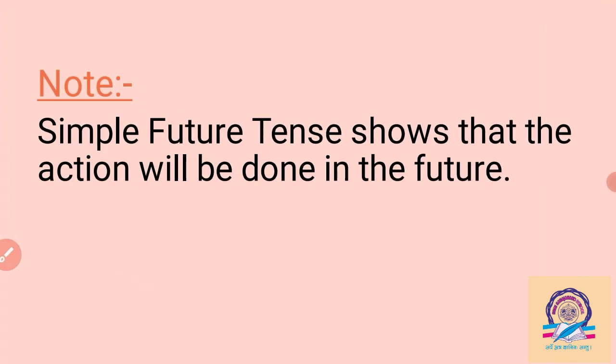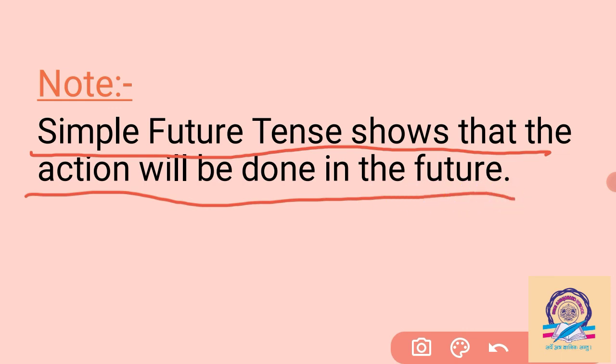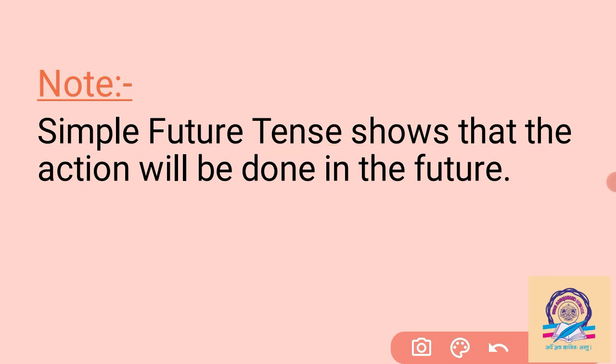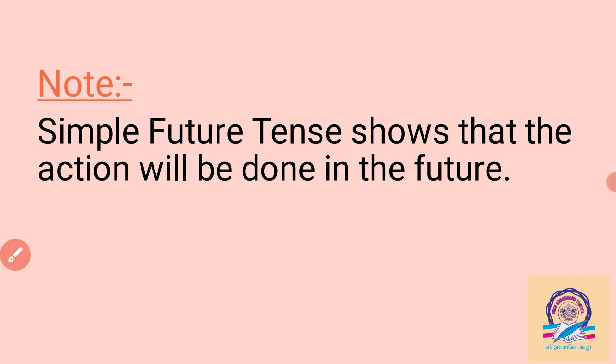Then some important notes are given here. In the simple future tense, the action will be done in the future time. So in short I would like to tell you the uses of the simple future tense.